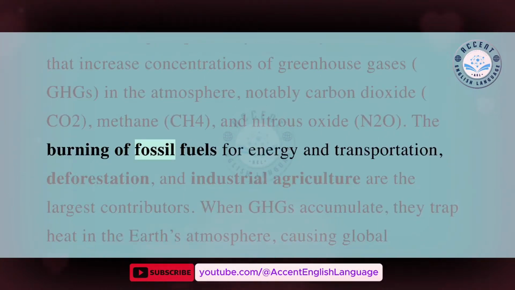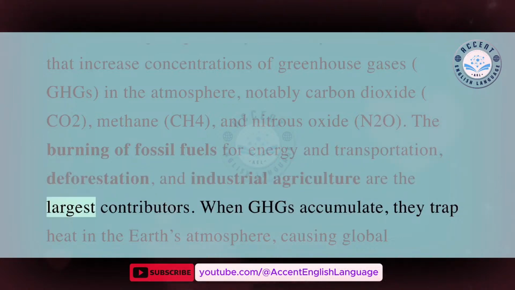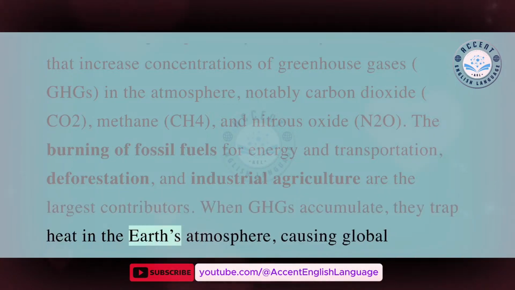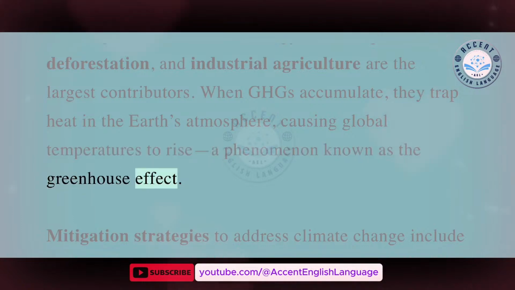The burning of fossil fuels for energy and transportation, deforestation, and industrial agriculture are the largest contributors. When GHGs accumulate, they trap heat in the Earth's atmosphere, causing global temperatures to rise, a phenomenon known as the greenhouse effect.